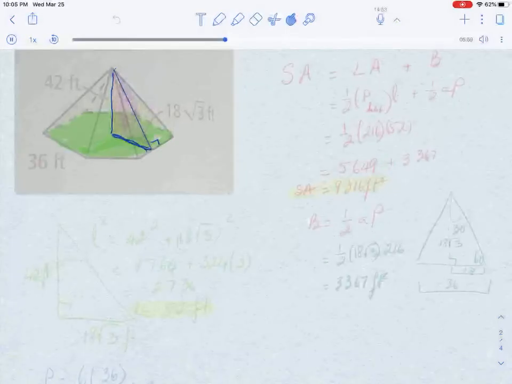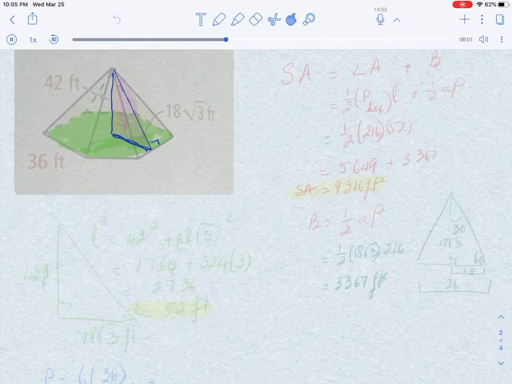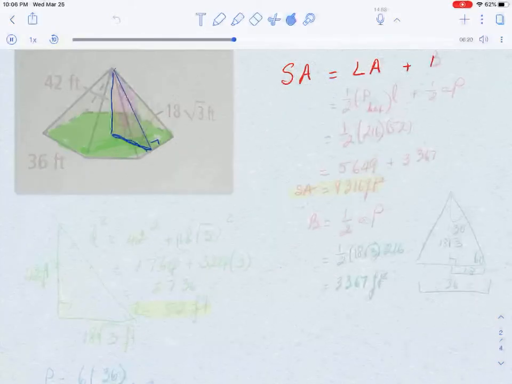So there are several things that I need to do. I'm going to bring back the surface area. The surface area is going to be my lateral plus my base.